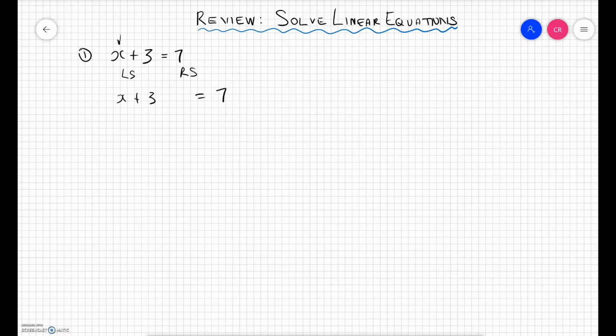We want to get rid of that 3, so we subtract 3 from both sides. So now we end up with x equals 7 minus 3. Now if you compare here to there, it is as if the 3 moved across and it became a negative 3. That is actually called transposition.